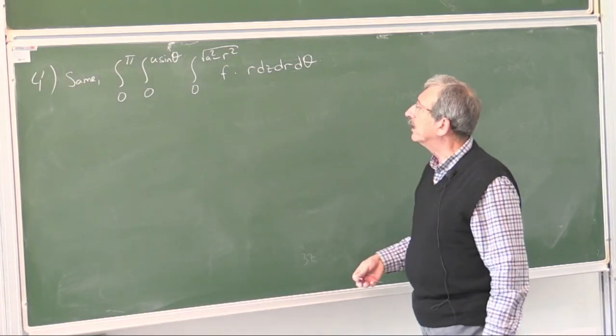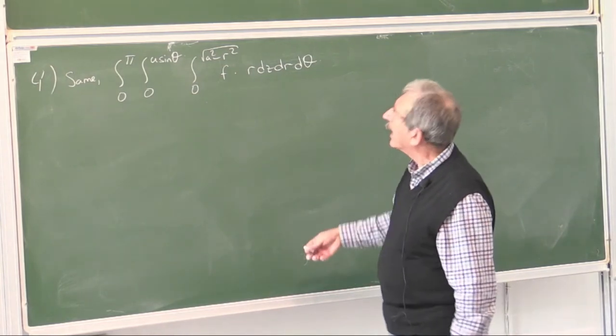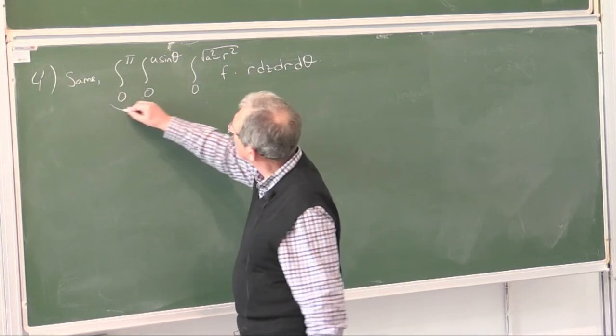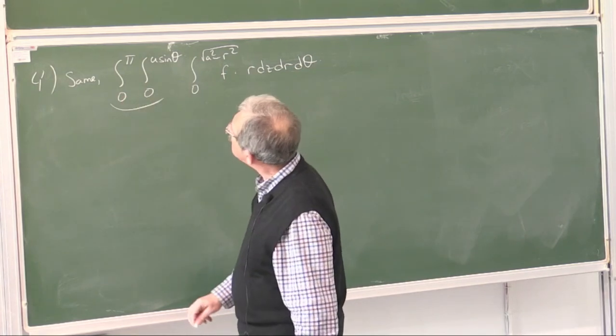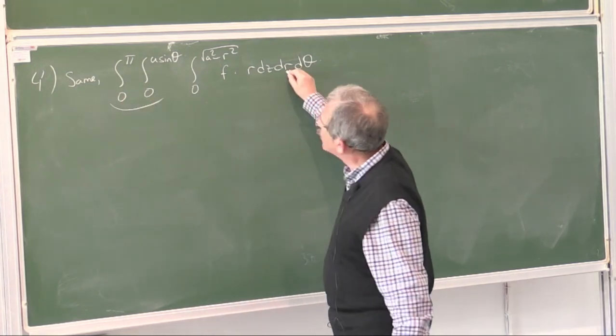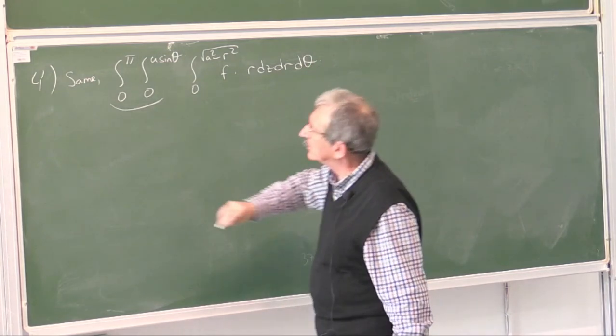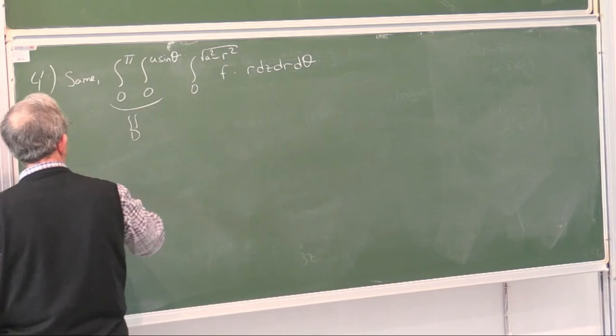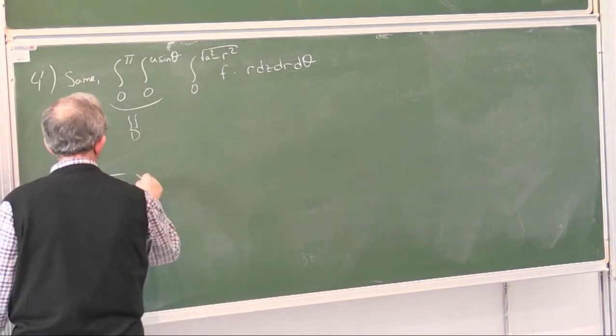Well, of course, here again, we can start from our D. This D is where r changes and then theta changes. So this is an integral over D, in the xy system.